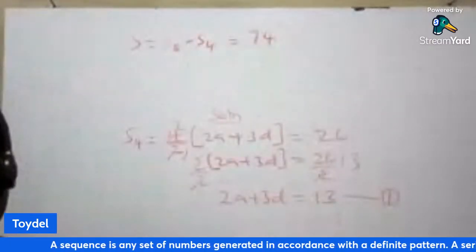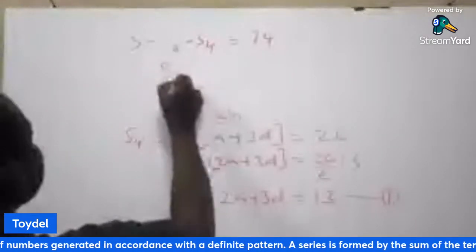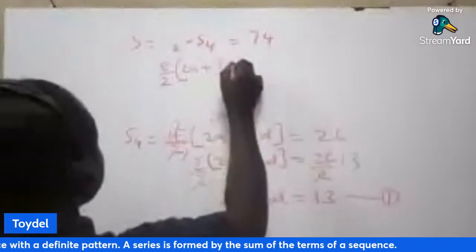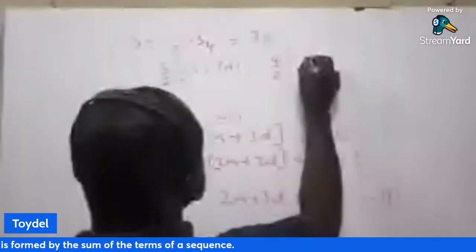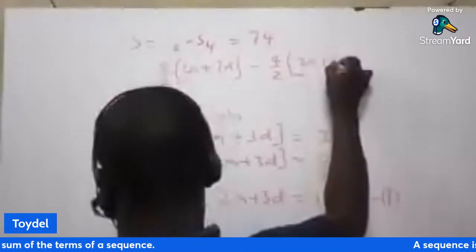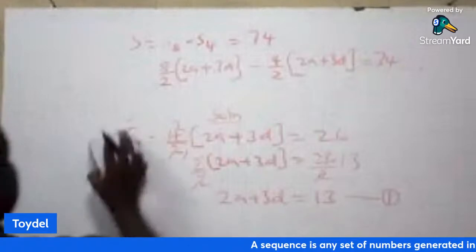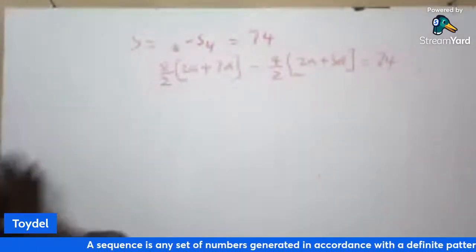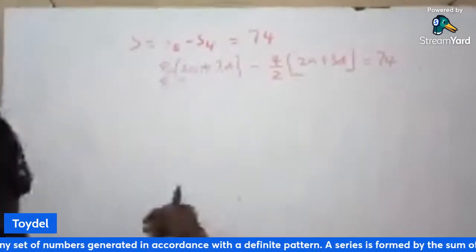Then what do I have here? S8 will be 8 over 2 into bracket 2a plus 7d, minus 4 over 2 into bracket 2a plus 3d is equal to 74. That's how we interpret that. The sum of the first 4, we have gotten in equation 1. Then the sum of the next 4, that is S8 minus S4.